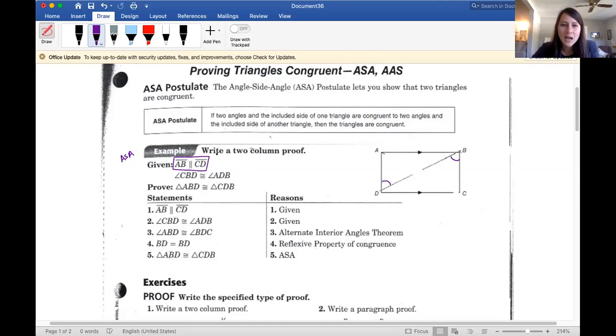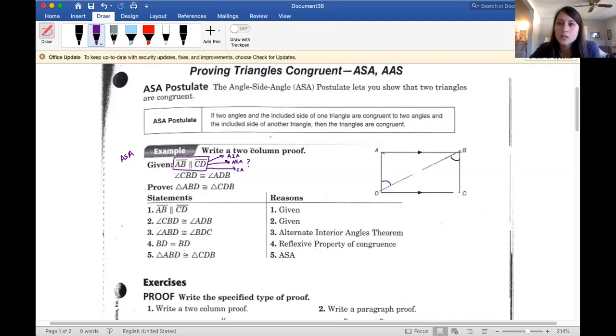Now, anytime you see parallel lines, remember immediately we should be coming up with a hypothetical conclusion that it's either going to be alternate interior angles, alternate exterior angles, or corresponding angles to prove, because really the reason they're giving us parallel lines is because they want to have us explain some type of angle relationship.